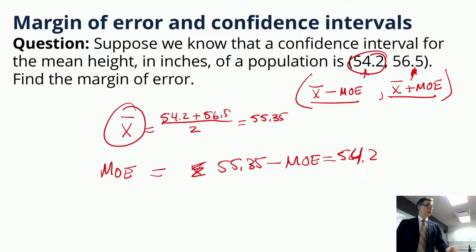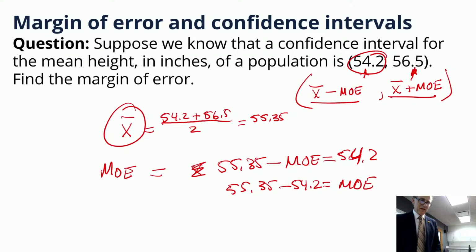You probably could avoid algebra if you were clever, but I'm not as clever as you are. 55.35 minus 54.2 is equal to the margin of error. That's how I can avoid it: I just recognize that that's in the middle, and the margin of error is the distance to either side. So all I've got to do is take the difference between that and one of those two. And when we do that, I get 1.15 is the margin of error.